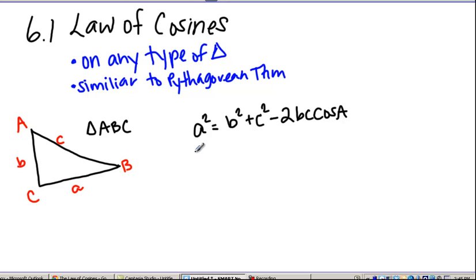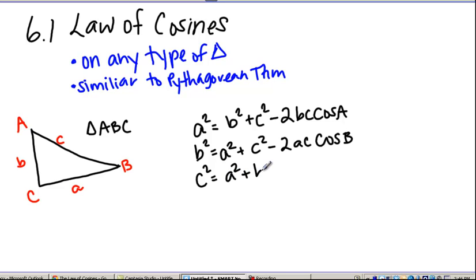There are actually 3 variations of this, and once I write them all down, you'll notice they look very similar. And then c squared is equal to a squared plus b squared minus 2ab cosine of C.